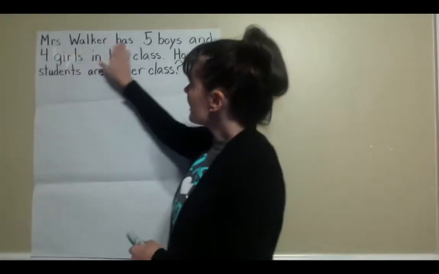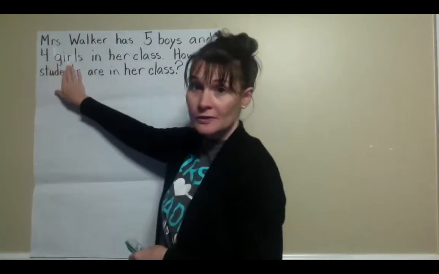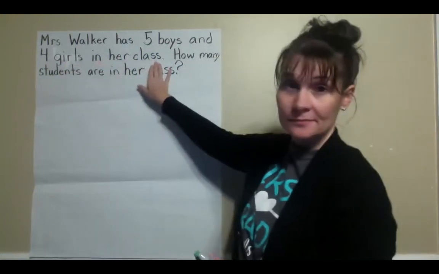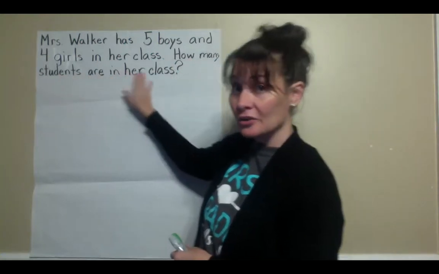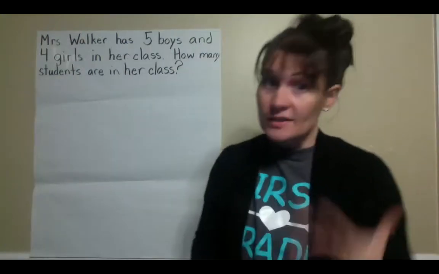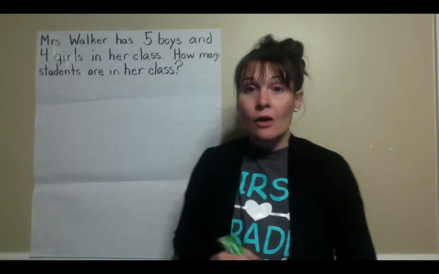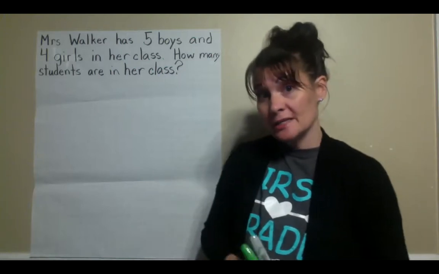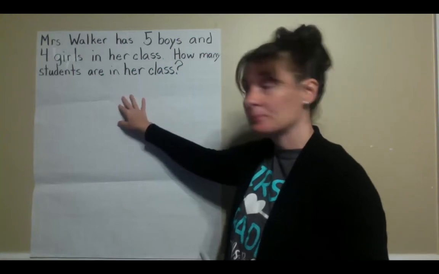Miss Walker has 5 boys and 4 girls in her class. How many students are in her class? Just like always, let's see what we know. With your paper and your pencil, what equation would go with this problem?